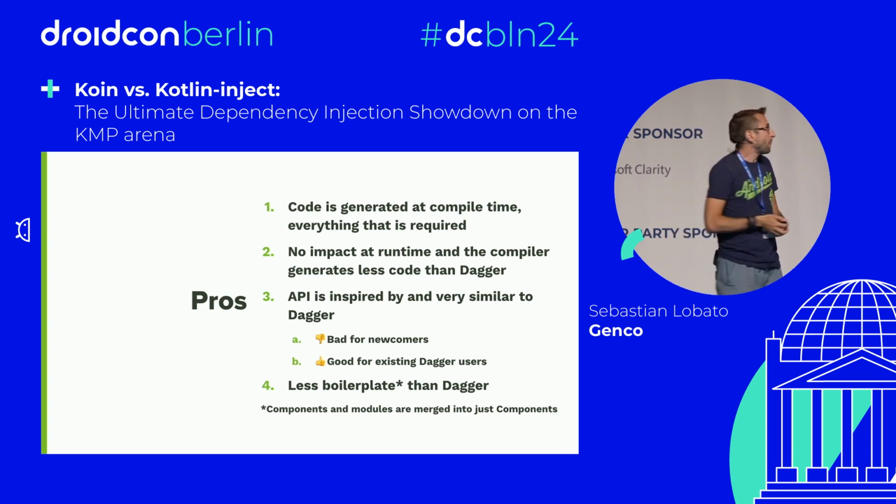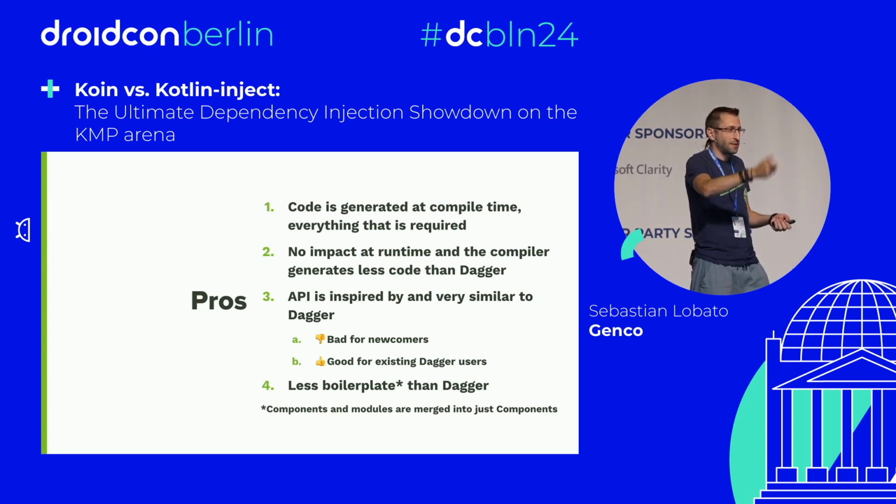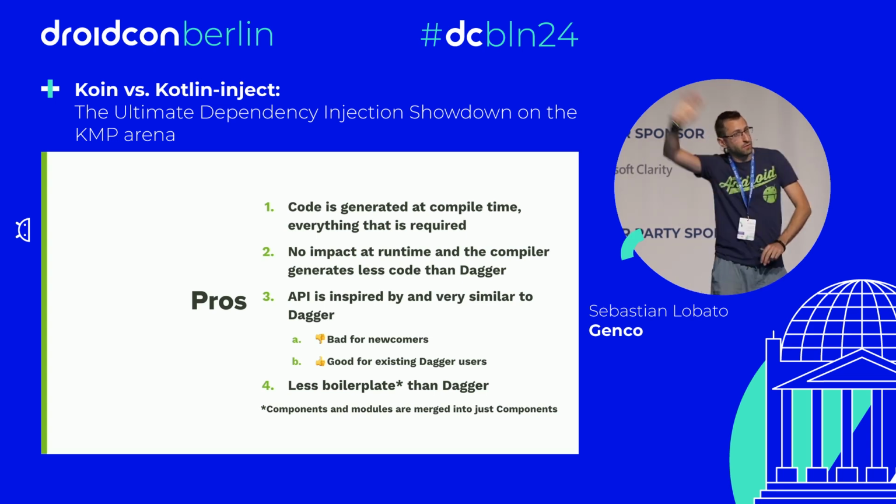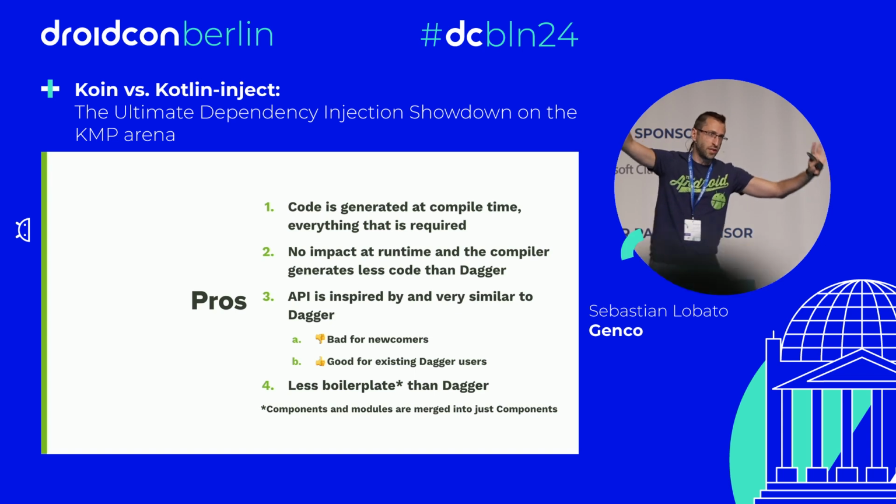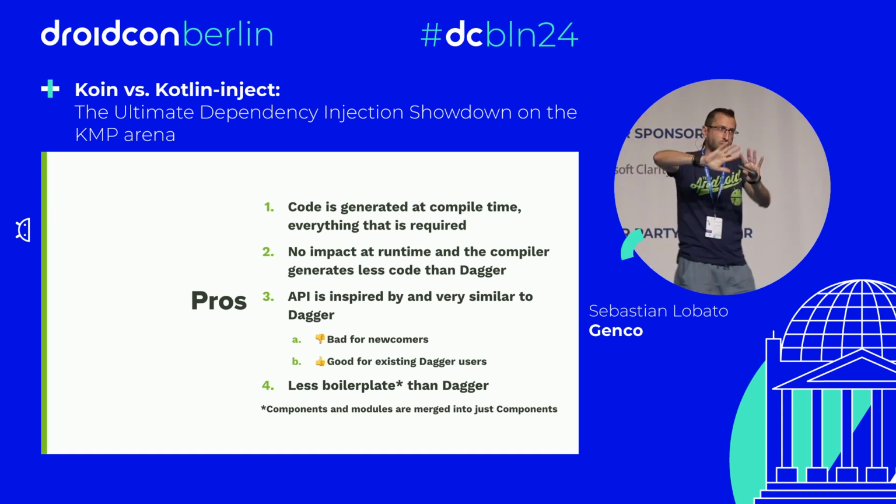And even better than Dagger, I found out that in Dagger you have this concept of components and modules, which are not the same, but kind of overlapping and mixing. In Kotlin-inject, they decided, well, let's pack these two concepts into one, and we call them components. There are no components and modules.